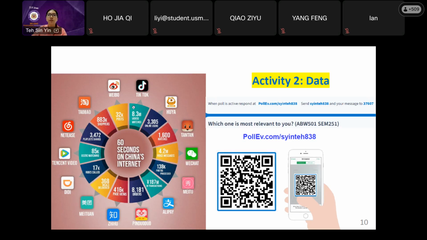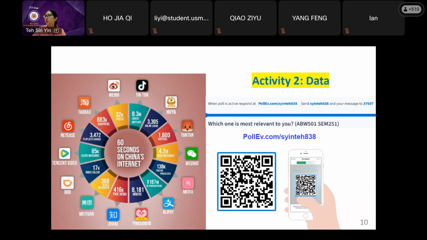For Malaysians, I know most of you are using WhatsApp, maybe Instagram, YouTube. So I want to know which one is most relevant to you. Can you take out your mobile phone and scan this QR code and answer me?